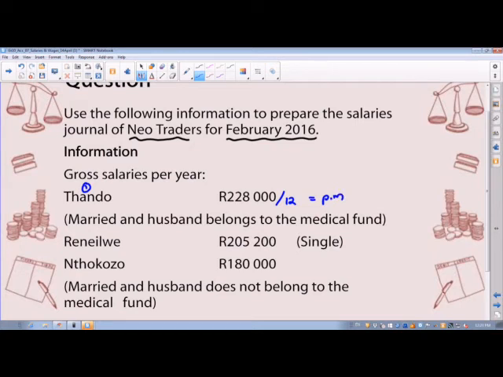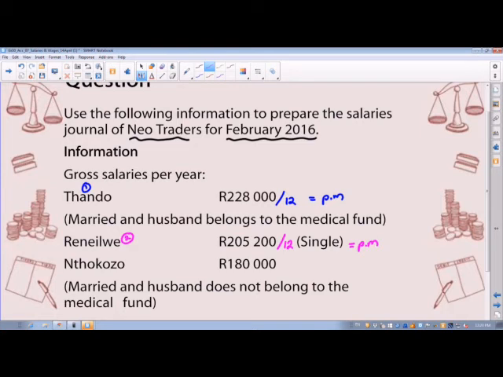Now, I'm telling you, Tando is married and her husband belongs to the medical fund. So she pays for herself and her husband to belong to that medical aid. Then we have a second salary earner, Renilwe, and she earns 205,200 per year, and therefore again divided by 12 to get the per month salary.